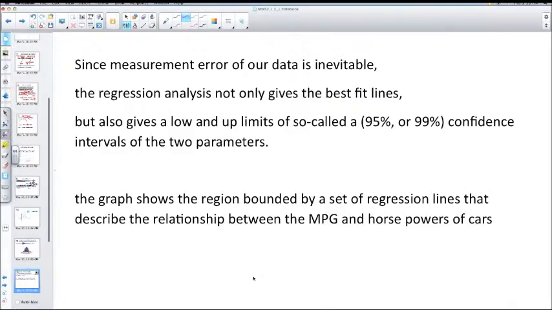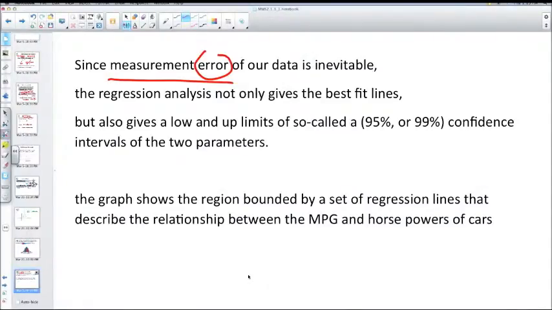So now, since whenever we do the measurement or we do mathematical modeling, the errors are inevitable.